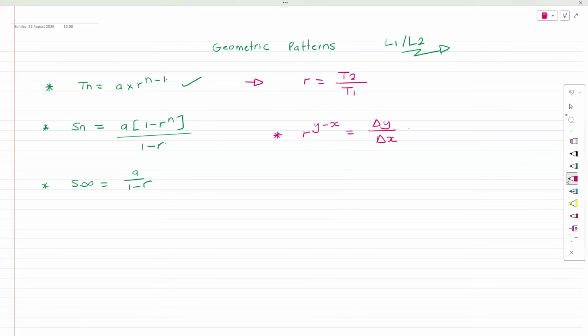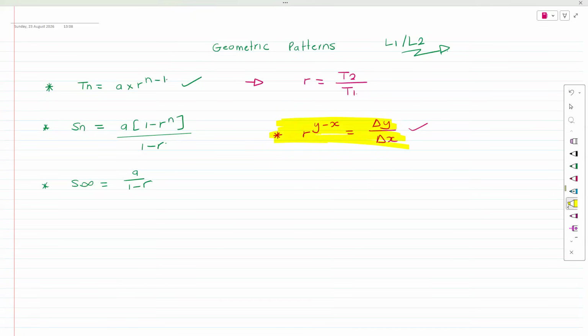I'll teach you guys how to use this very soon. But this formula allows you to find unknown ratios very, very quickly without doing the whole simultaneous thing. Generally, this is not taught in school, but it is used quite a bit.